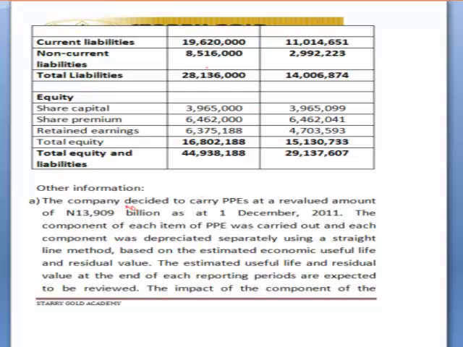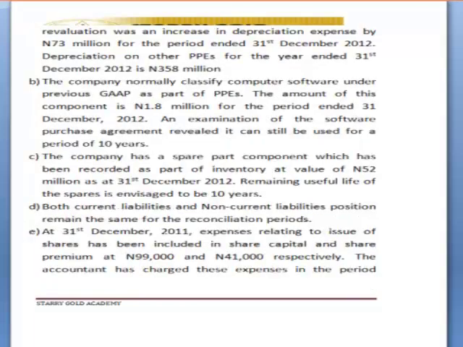The impact of the component revaluation was an increase in depreciation expense by 73 million naira for the period ended 31st December 2012. Depreciation on other PPE for the year ended 31st December 2012 is 358 million. Now, we also have the B part.